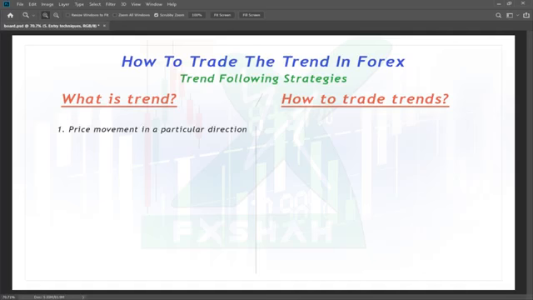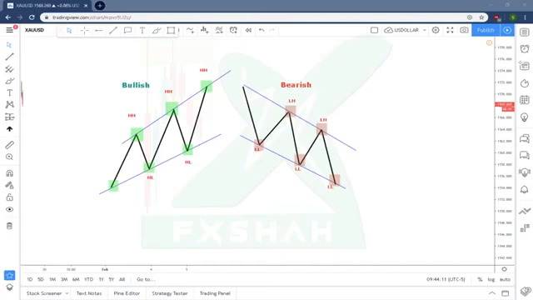So the first point is price movement in a particular direction, right? In this example, the price is moving in a particular direction. This is a bullish scenario and this is a bearish scenario.